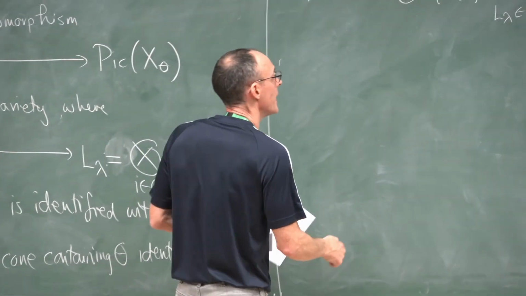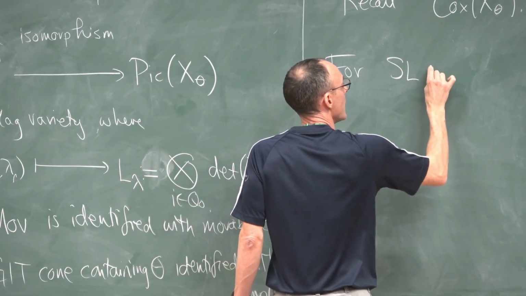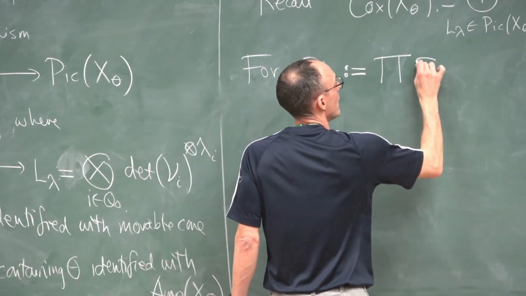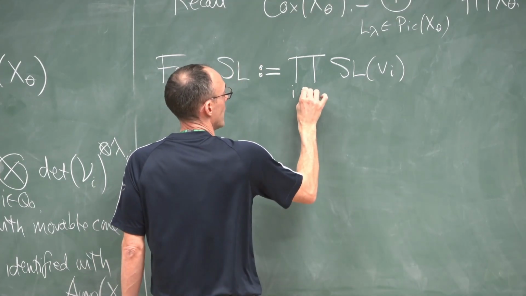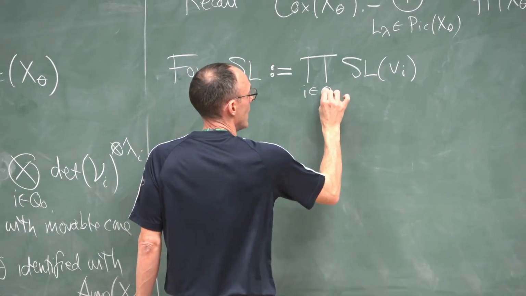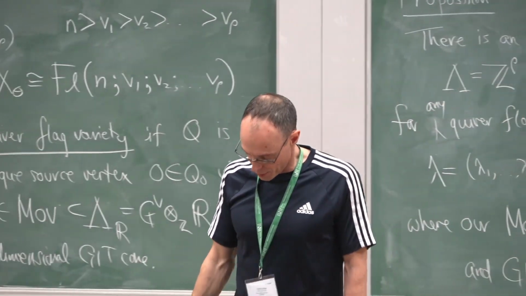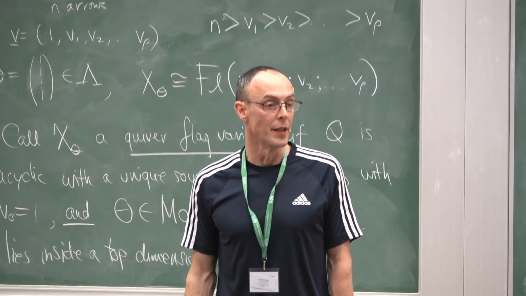And so to make the final statement, let me introduce the group SL to just be the product of all the SL(V_i), so i in Q_0. Actually, I can improve on this a little bit. Remember, I'm assuming that V_0 is equal to 1.